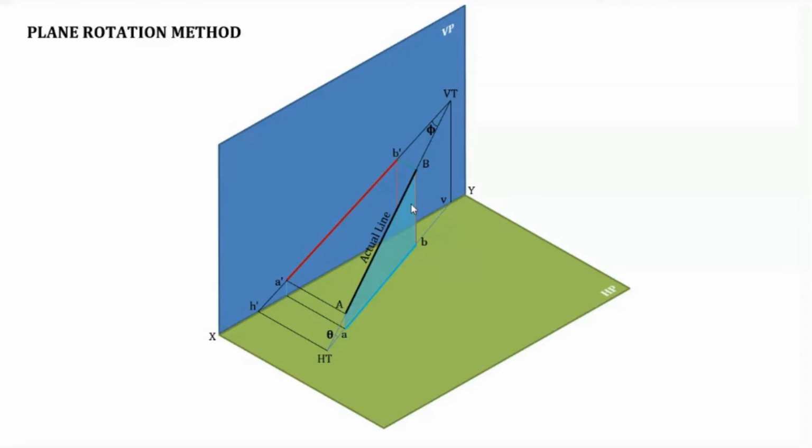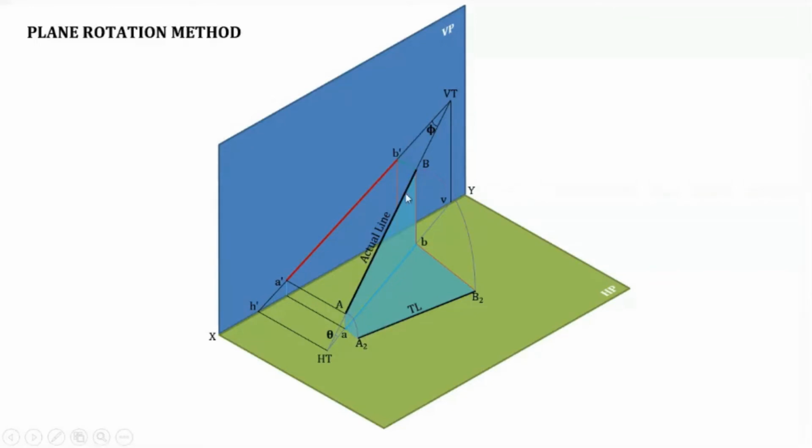So now there is another plane here. If you consider A, B, B dash and A dash, there is another plane. Before that, let us rotate this particular plane. If we rotate this particular plane such that it coincides with our HP, it will be like this, and this will be the true length, because this line is of true length, our actual line.